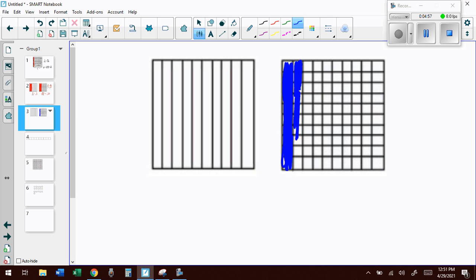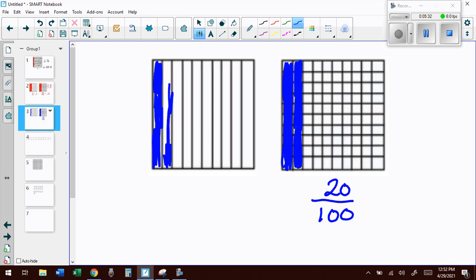So here I have shaded in, out of a total of 100, 20 of them. Now, if I were to go to the tenths area model, to make my tenths, I shaded in 10, 20, which is 2 rows of 10, or 1, 2.